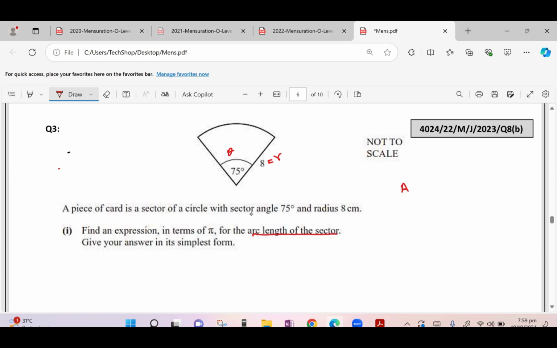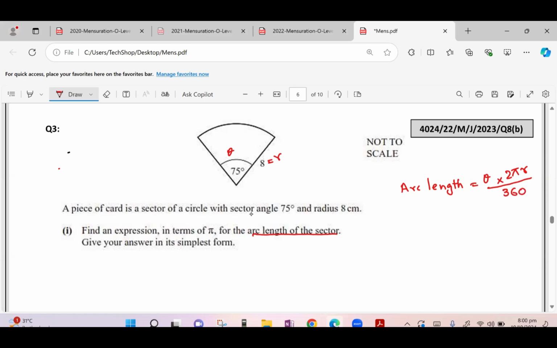Can you recall the formula for the arc length of a sector? Theta over 360, or you can say x over 360, times 2 pi r. But I suggest you write divided by 360 in that way, as in the previous question, right?